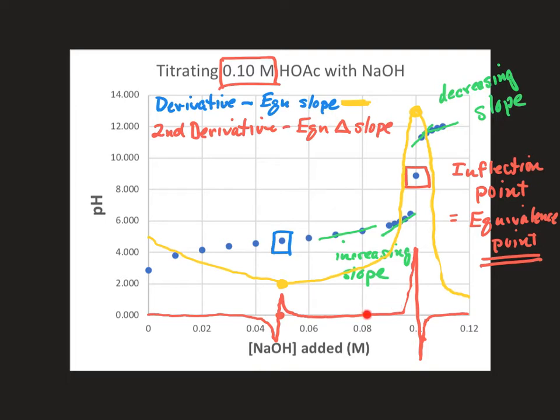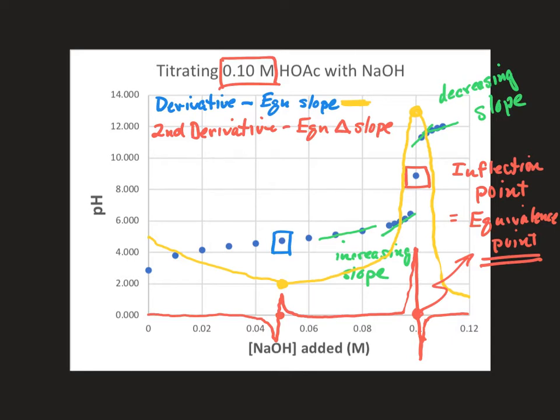Probably should have curved that a little more up, a little more quickly. But as it gets close to the inflection point, the slope reaches a maximum, and then suddenly at the inflection point, the slope goes from changing in a positive direction to changing in a negative direction. Again, that second derivative plot crosses the origin at the inflection point. And that crossing can be used to measure accurately where the equivalence point is, using a second derivative equation.